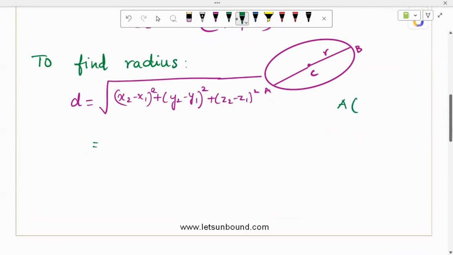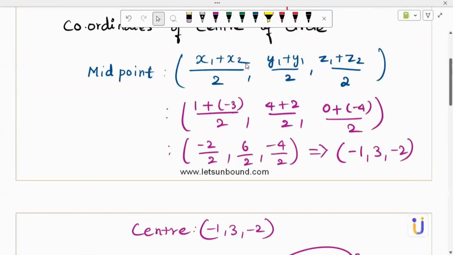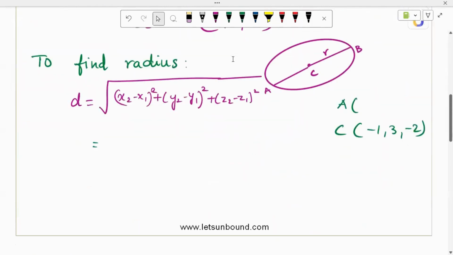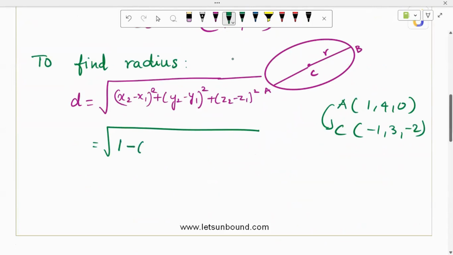I am going to use A and C. C is minus 1, 3, minus 2, which we just found, the center. And A is 1, 4, 0. So it's the square root of (1 minus minus 1) the whole square, plus (4 minus 3) the whole square, plus (0 minus minus 2) the whole square.